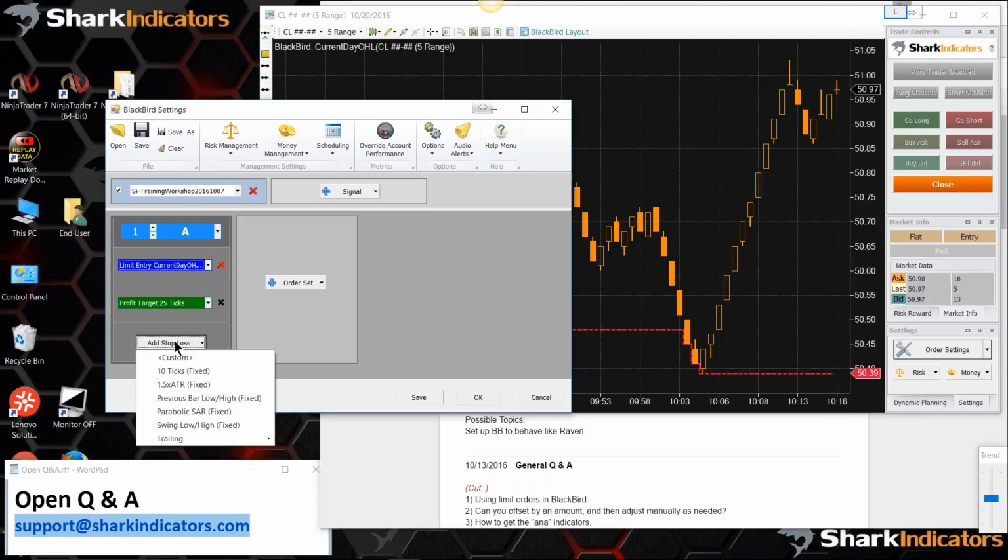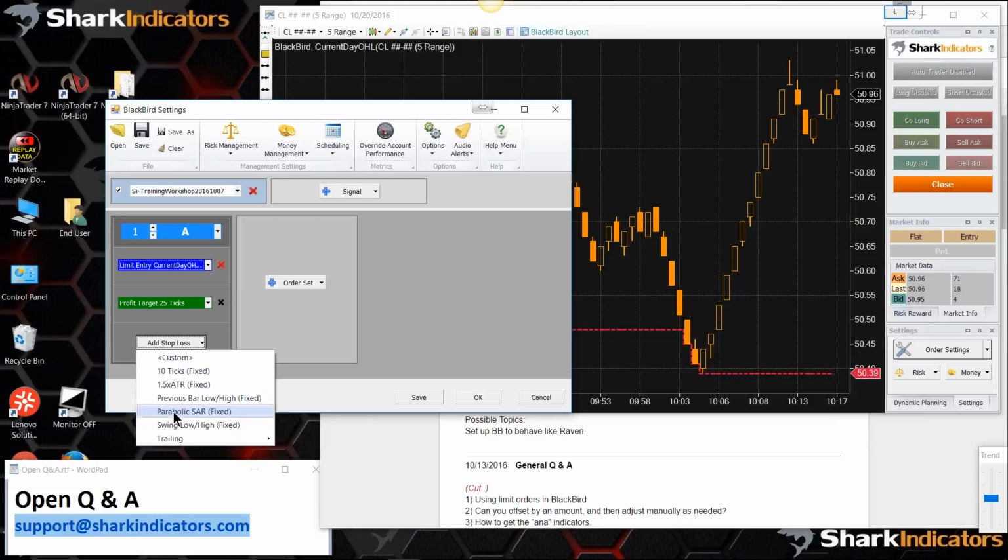So let's set that up. Let's see, do we want trailing or no? Let's just use the 10 tick. Actually, we want to use an indicator based stop loss. So the parabolic SAR, that's an indicator.